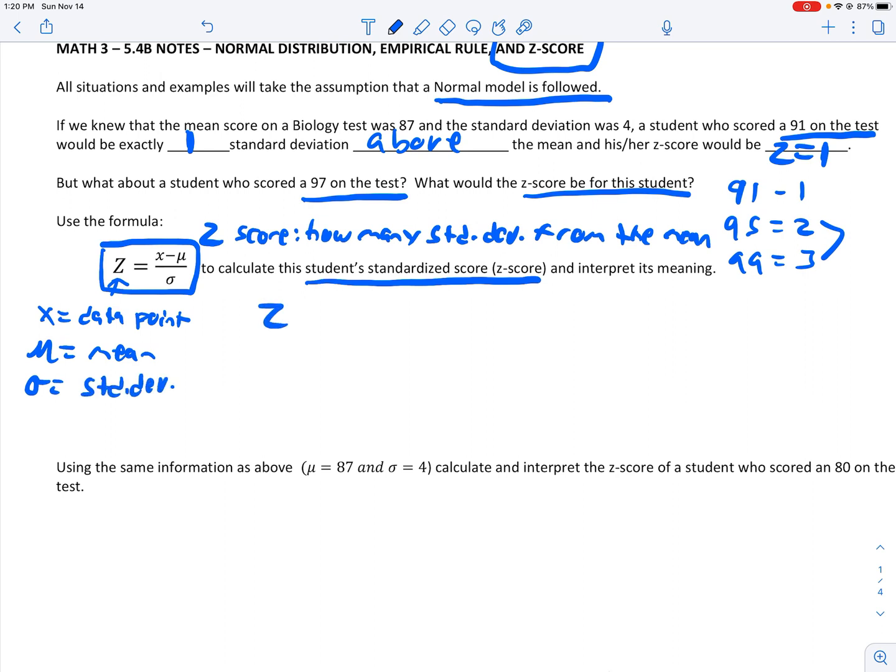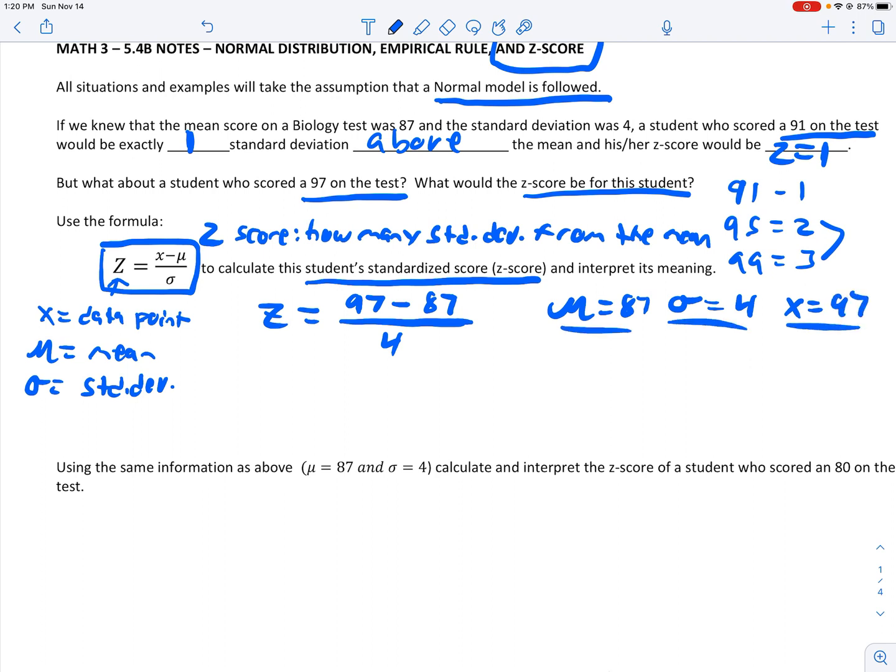So to find the z-score, the data point in this case is the 97, right? The mean is 87, and the standard deviation is 4. So again, mu, the average was 87. Sigma, the standard deviation was 4, and x, the data point, was the 97. That's all in the information above.